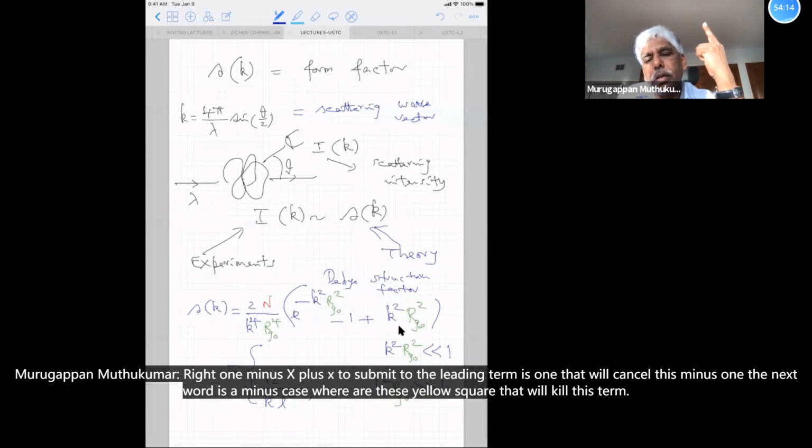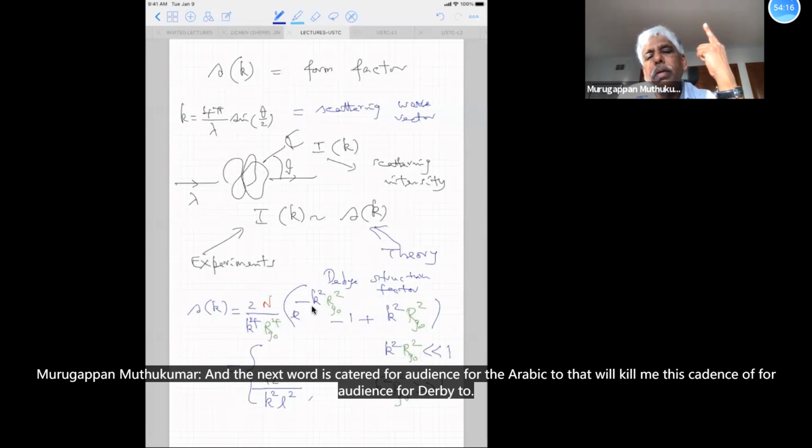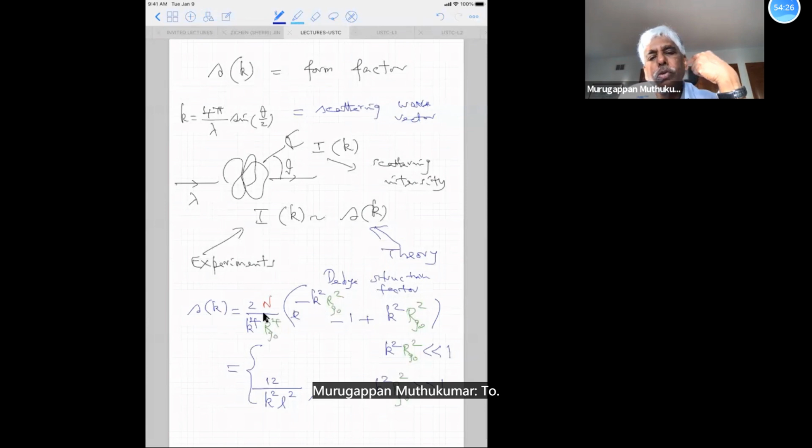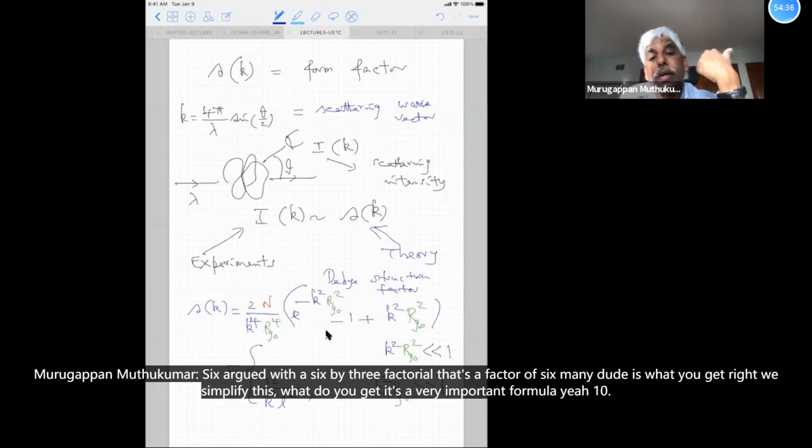That will kill this term. And the next term is K to the 4, RG to the 4 divided by 2. That 2 will cancel out. And then the next term is K to the 6, RG to the 6 by 3 factorial, that's a factor of 6.